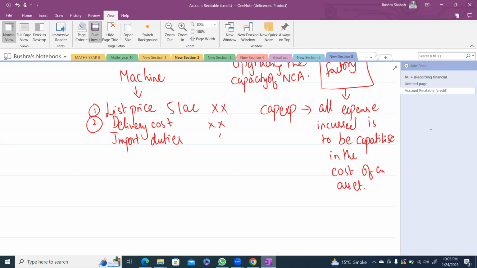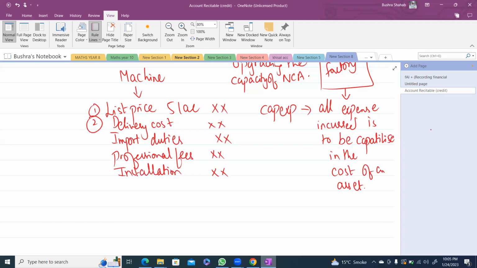Insurance? No, insurance will be a revenue expenditure. Okay. Import duties and professional fees. The person who is coming to install the machine is going to take some charges. Yes, installation charges, right?